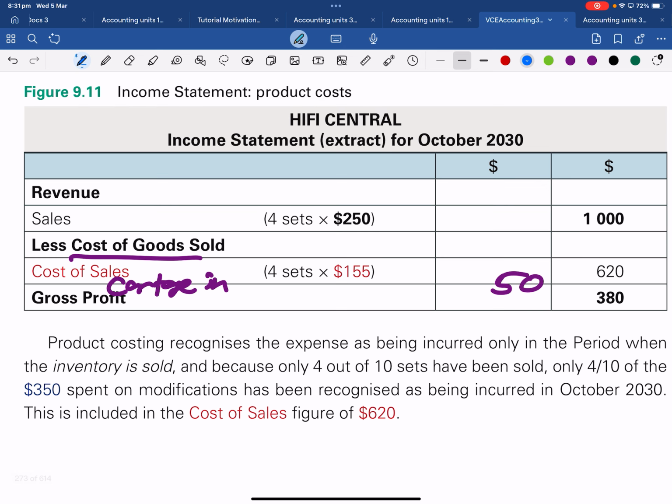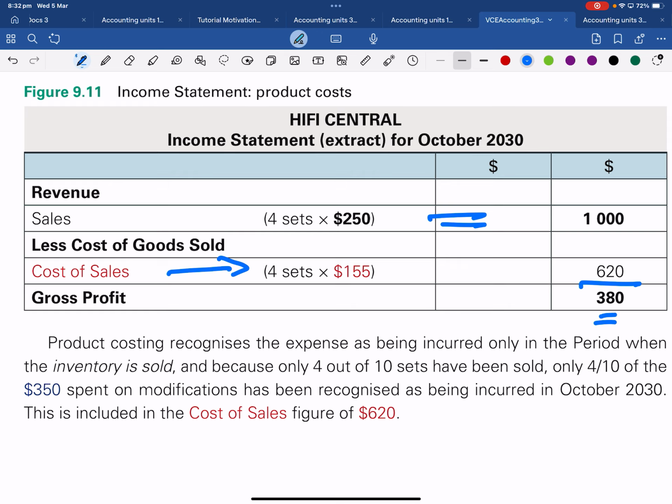We sold 4 units in October, so selling price will be 4 times 250, which is 1,000. What is the cost of sales? 4 times 155, which is 620. Then gross profit is 380. Make sense?